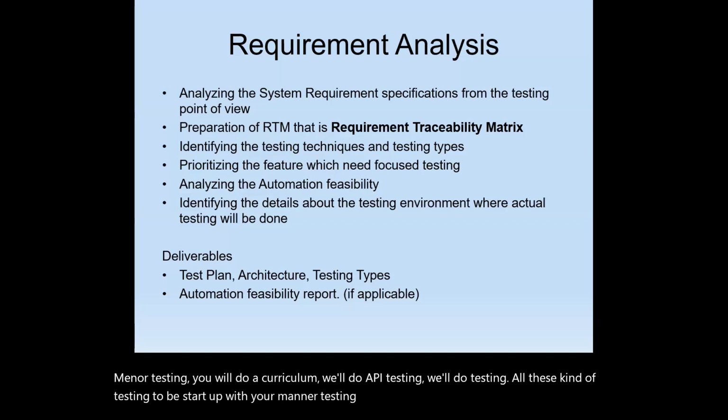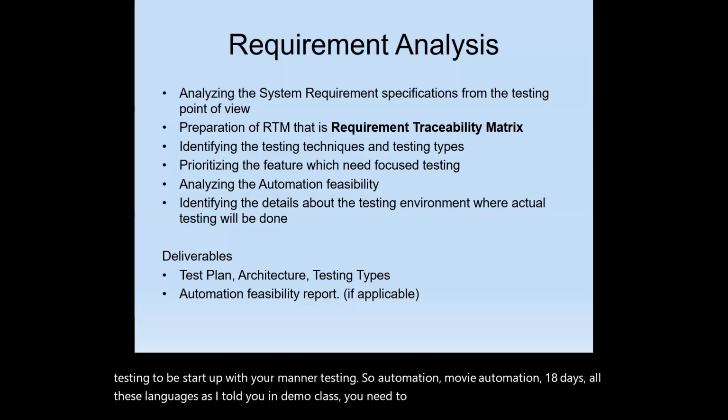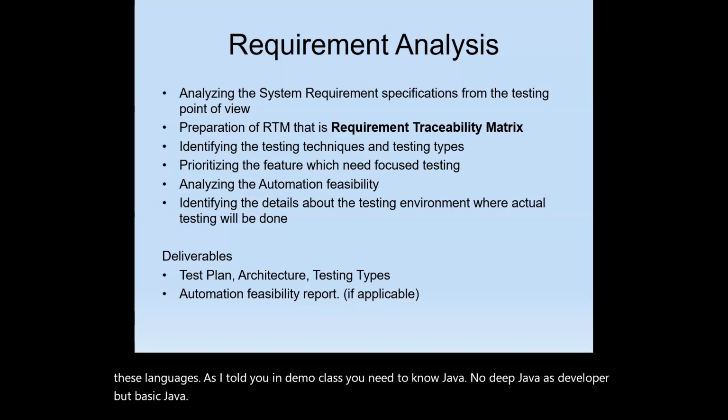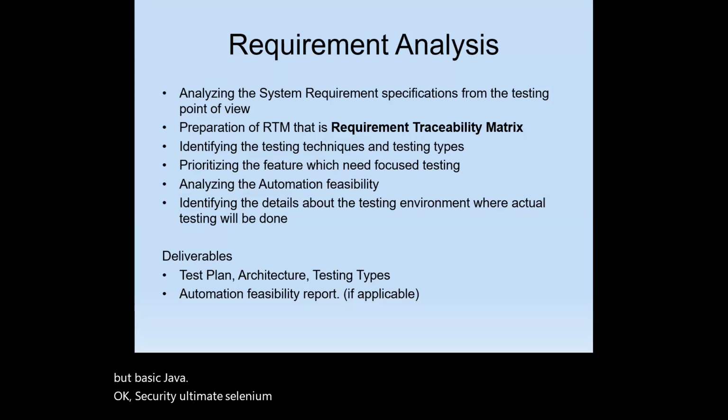Moving to automation, you need to learn some of these languages. As I told you in the demo class, you need to know Java, not deep Java like a developer, but basic Java. You're going to automate with Selenium as an automation tool. So that falls under the word architecture.